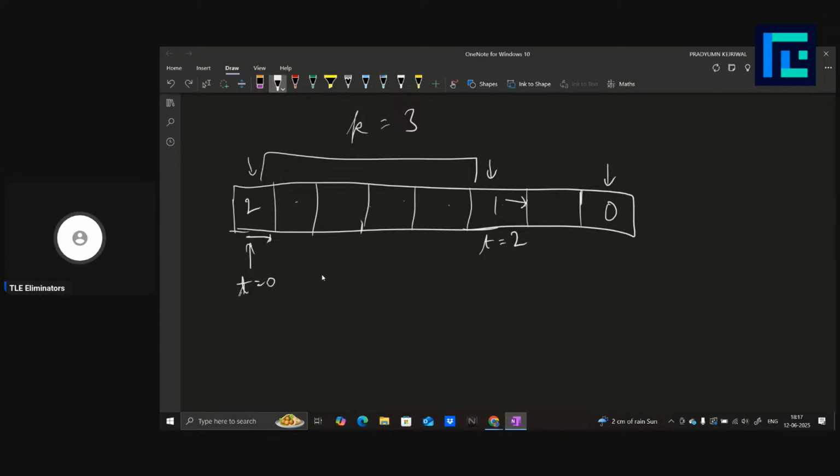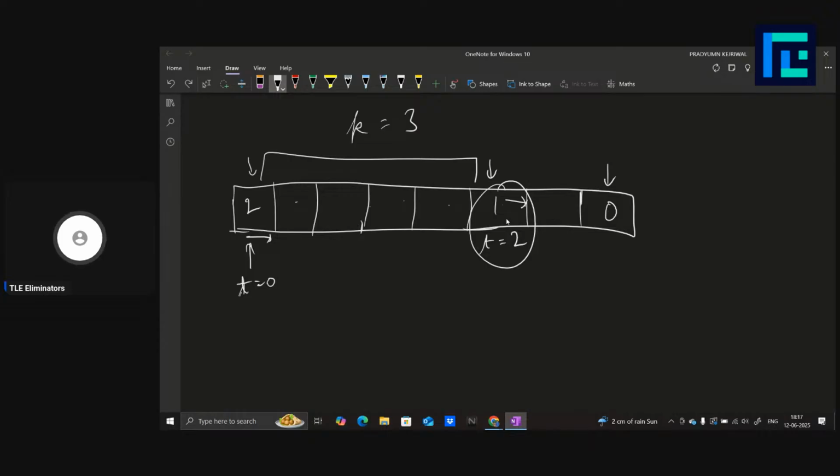If I know the answer for reaching here at t equal to 2 facing this direction, then that's the answer for this one as well. If we can escape from this state, then we can escape from this state as well. So basically we have a recursion right here, and in the recursion our parameters are very limited.